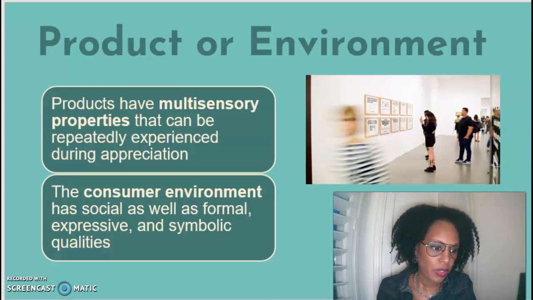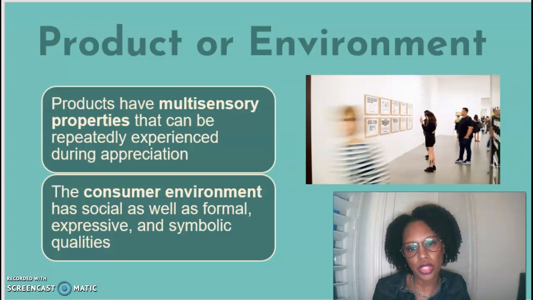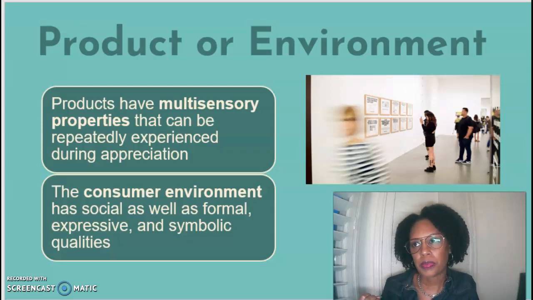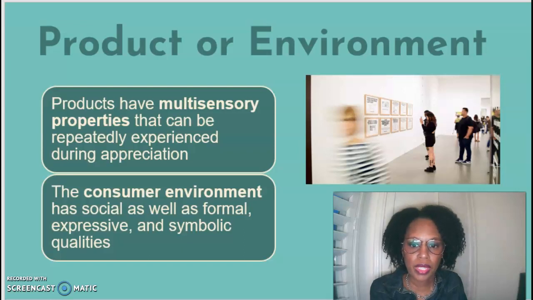So people don't have to touch it for us to say it's multidimensional or it has a unique hand. It feels, it tastes, it evokes. All those things are really important, that products are multi-sensory.